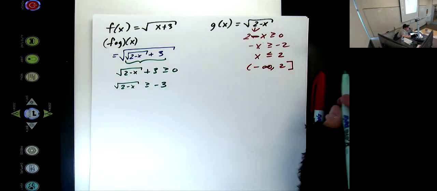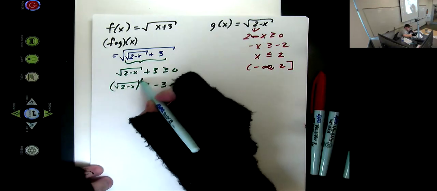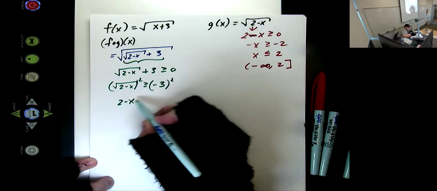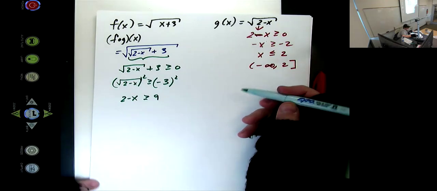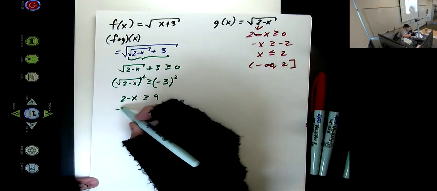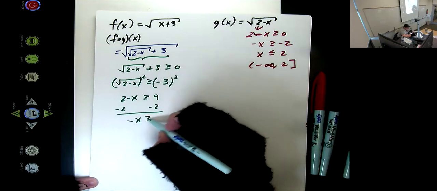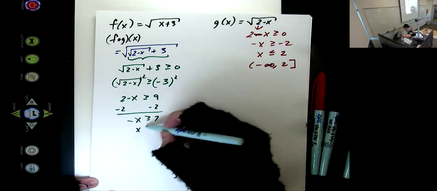What should I do next? Square both sides. Let's try it. I get 2 minus x is greater than or equal to 9. So if I subtract 2, I've got negative x is greater than or equal to 7, and so x is less than or equal to negative 7.